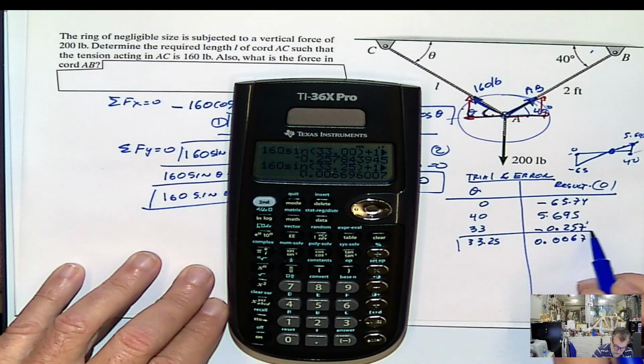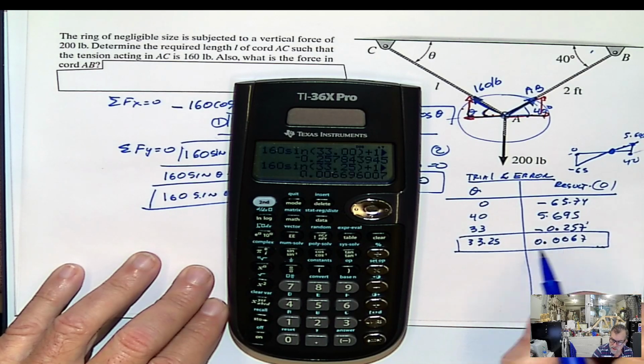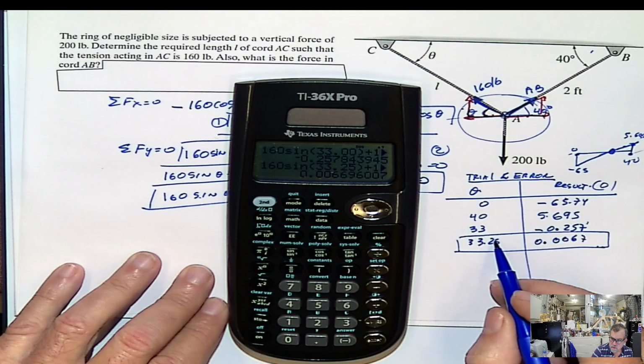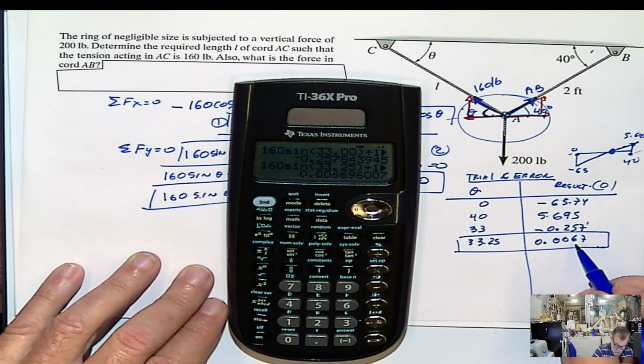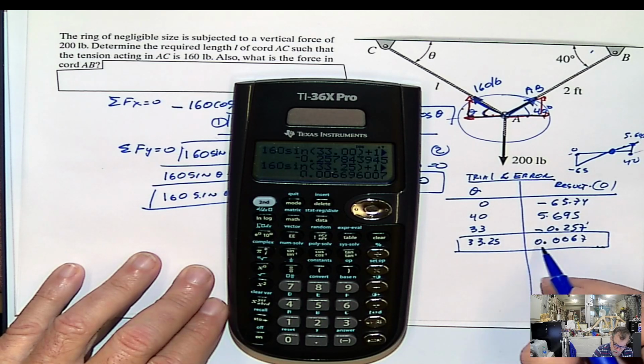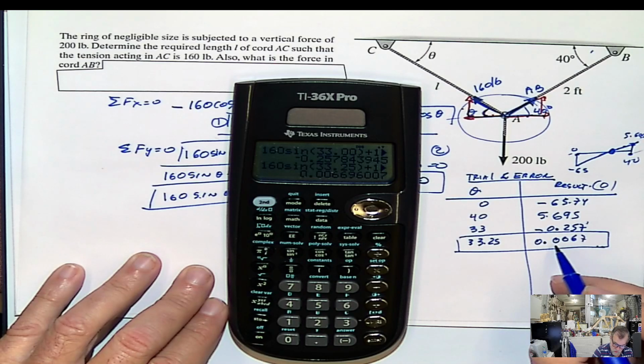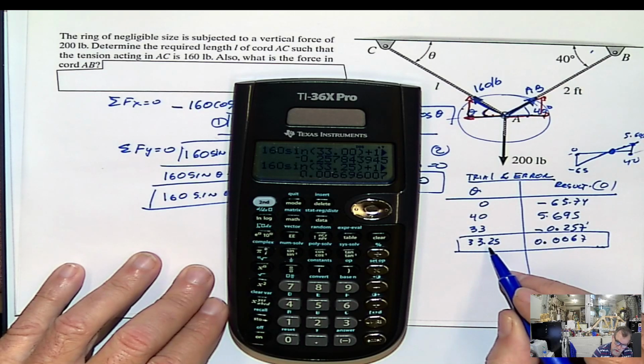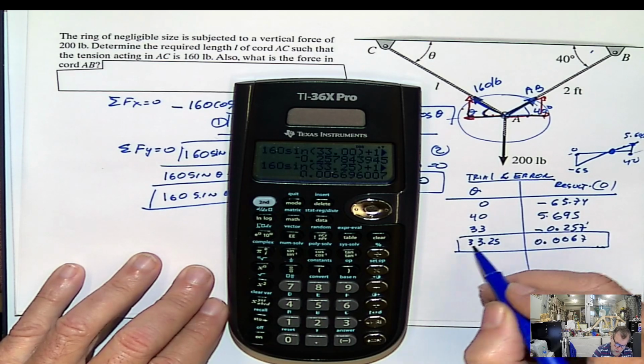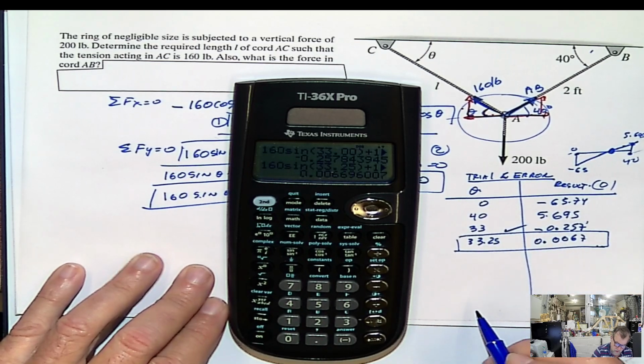To me, that is close enough to say this is the solution. But if you check these two numbers, 33 is this, 33.25 is this, so it should be a value slightly smaller than 33.25. You can try 33.24 and see what happens, but I'm okay with these results. So this will be one of the angles.